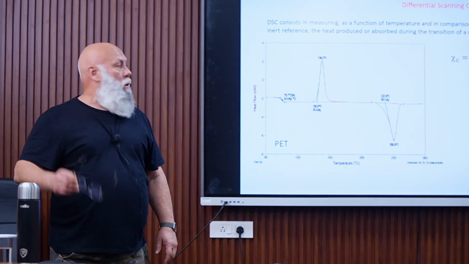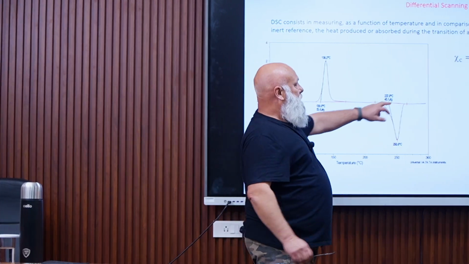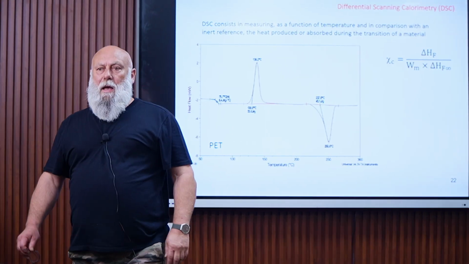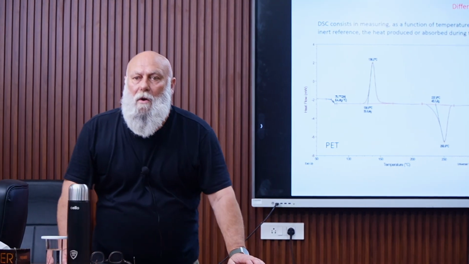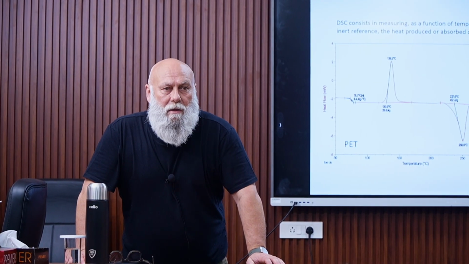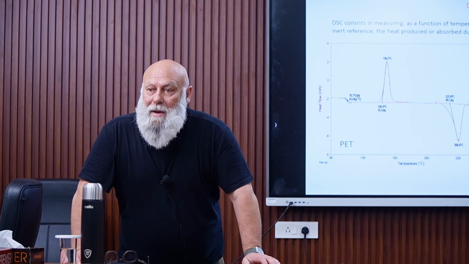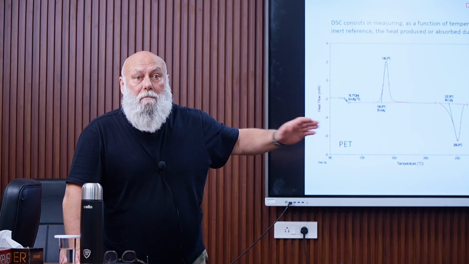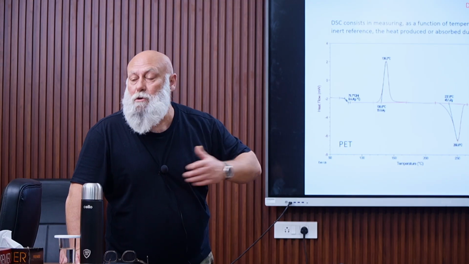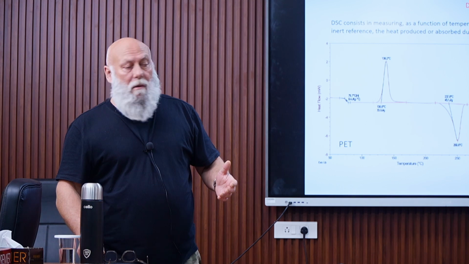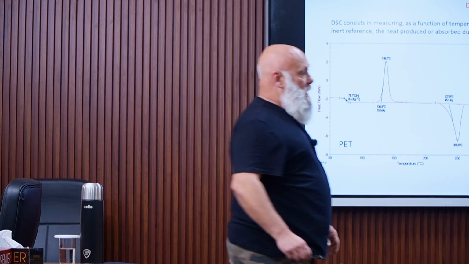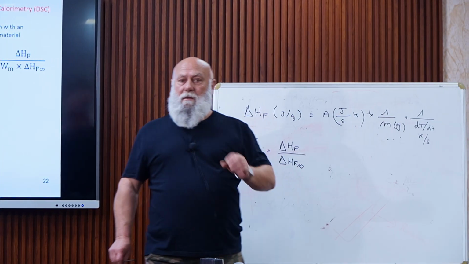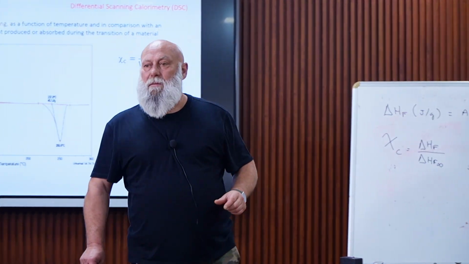So this is for a polymer. Now, when using a composite, it's necessary to use this equation, where Wm represents the mass fraction of the matrix. Because, of course, only the matrix can melt or can crystallize, not the fiber. And when you determine the enthalpy of fusion, the mass here is the mass of the composite.